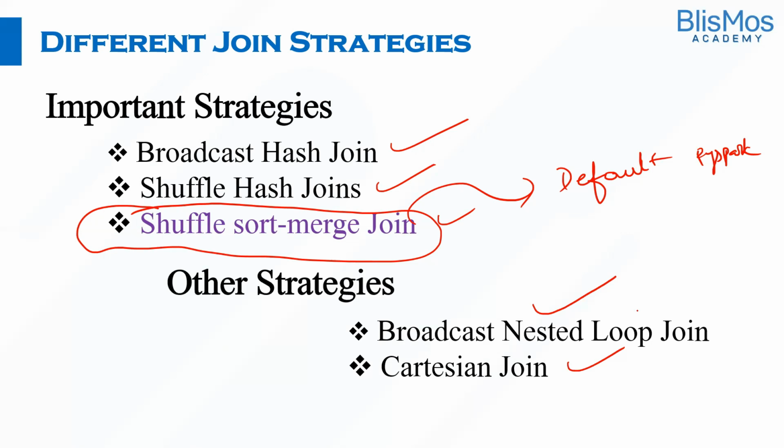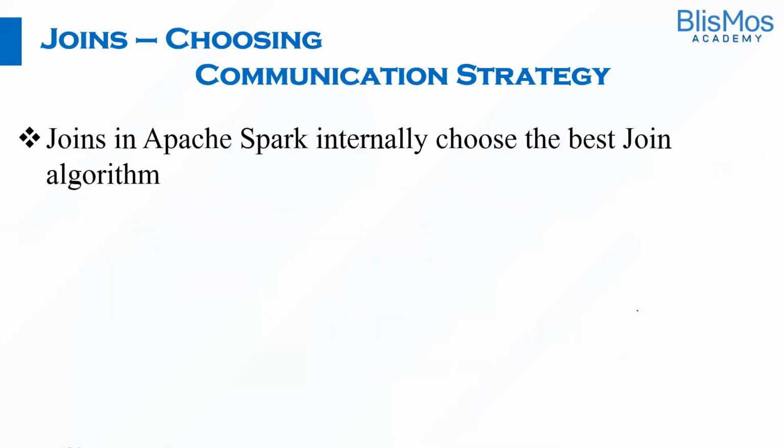But now that we know there are different join strategies, do we really need to choose the communication strategy? Usually, Apache Spark internally chooses the best join algorithm or strategy.